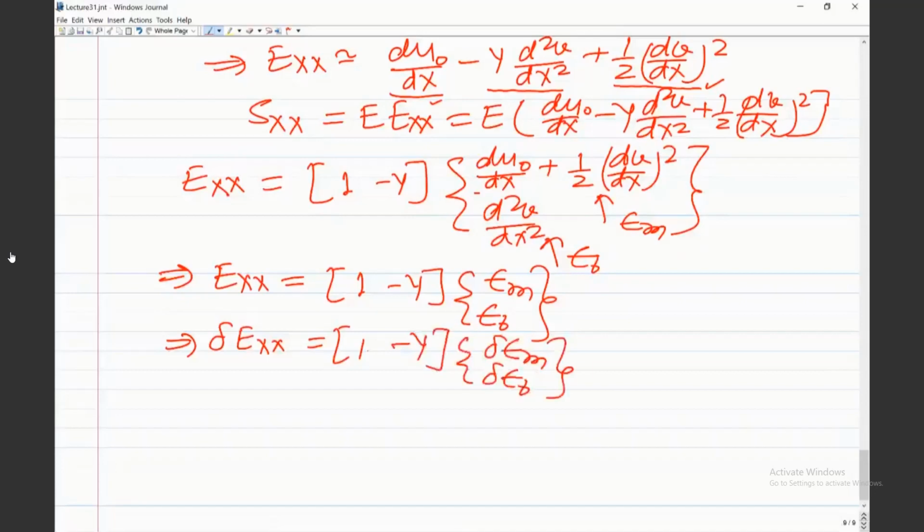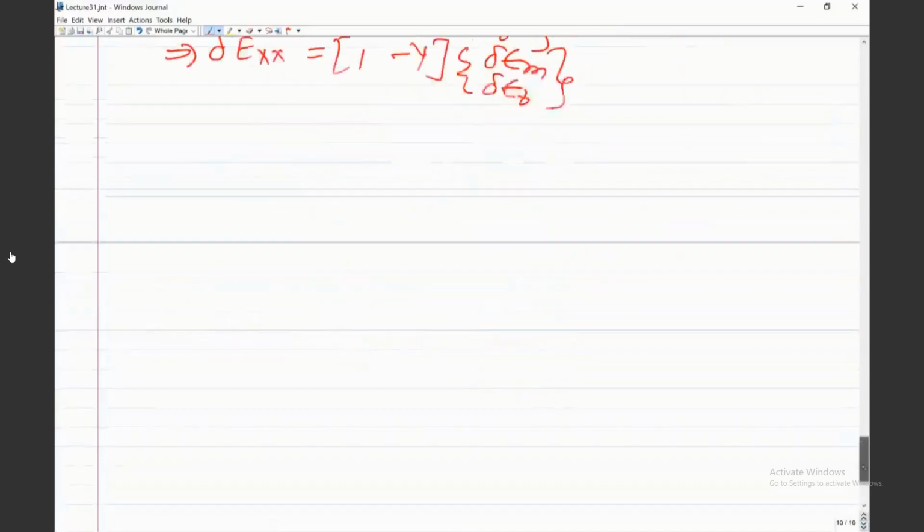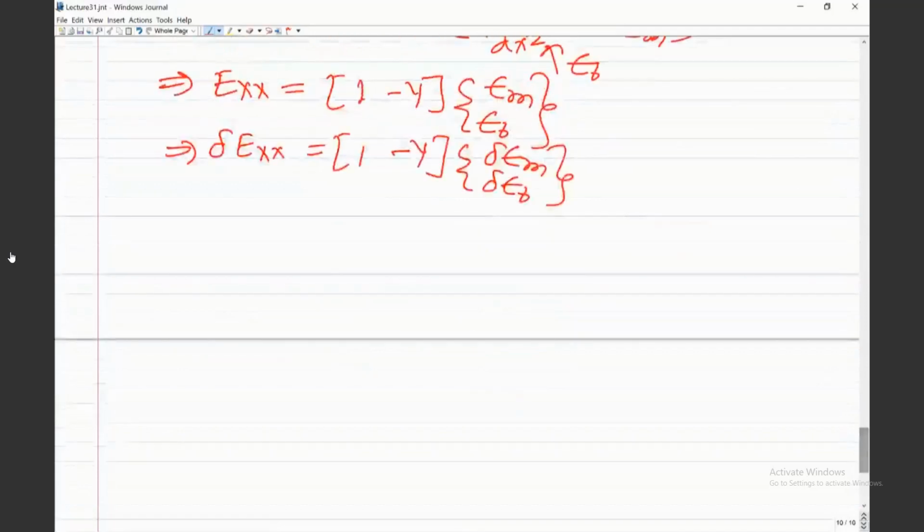Now for the element level governing equation, the only non-zero component of strain is going to be Exx.